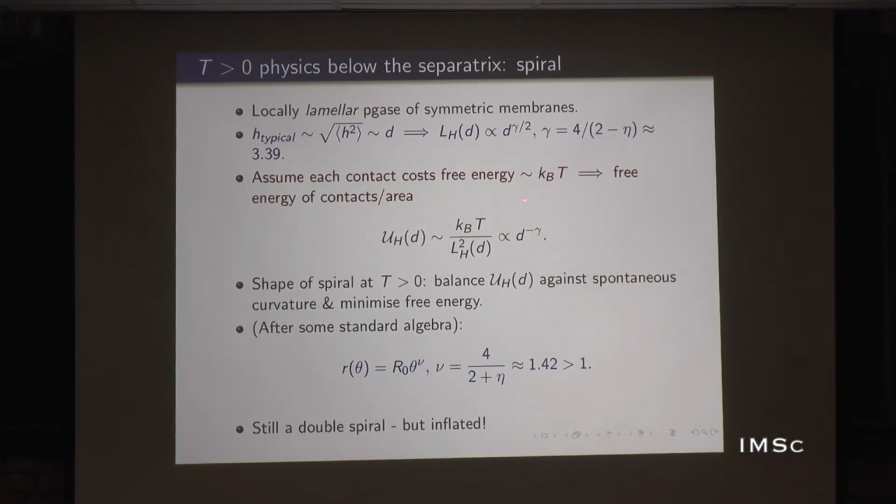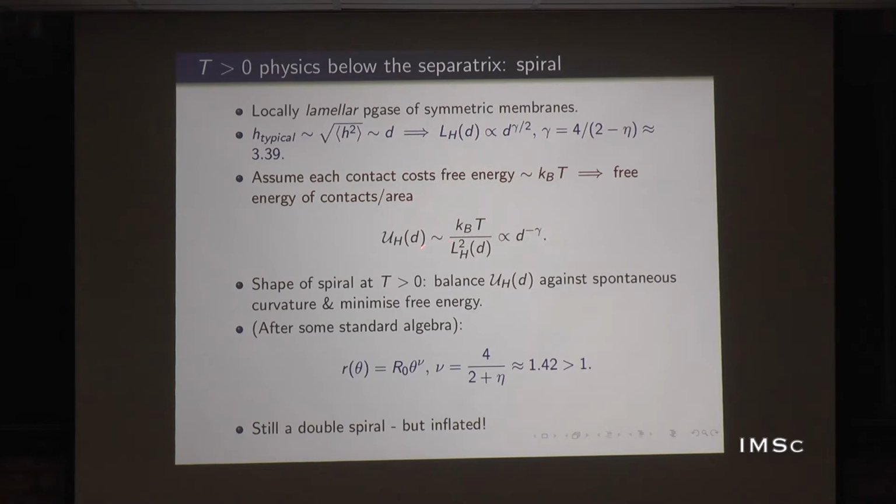You can use a standard scaling argument, and it scales with some exponent. This exponent eta is what appears in the renormalization of the bend modulus for the symmetric membrane. Then you assume, and this is the basic idea of the Helfrich energy, that each contact costs free energy of the order of kBT. So the free energy of contacts per area has this particular form.